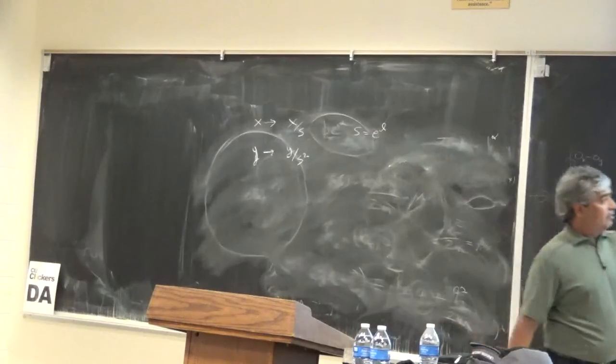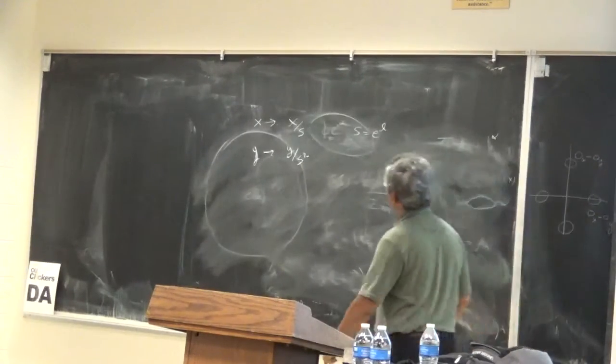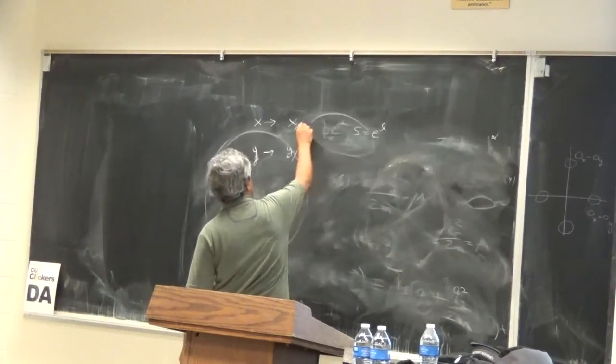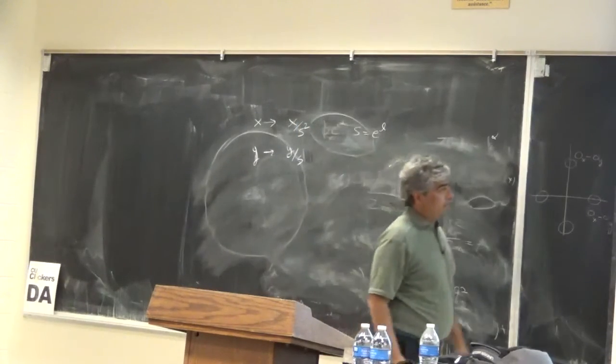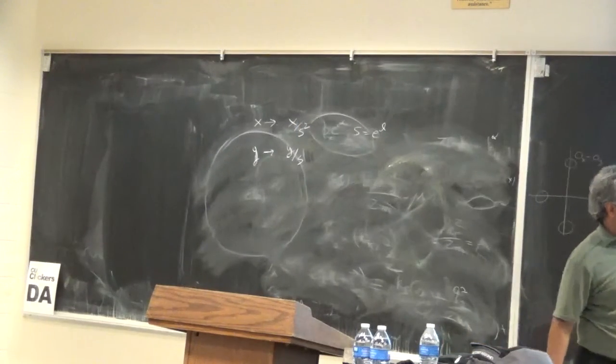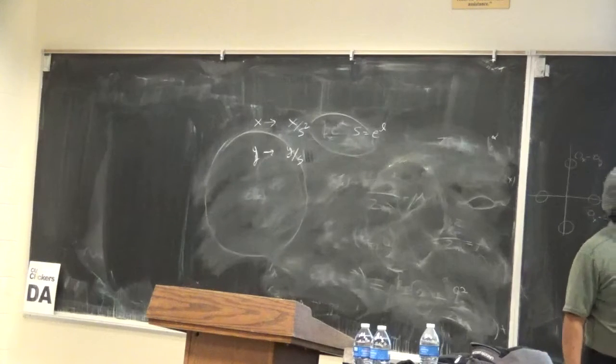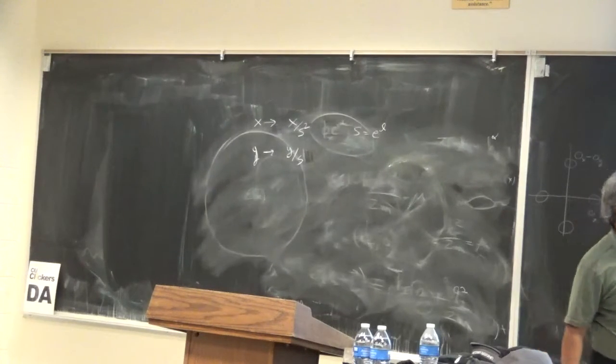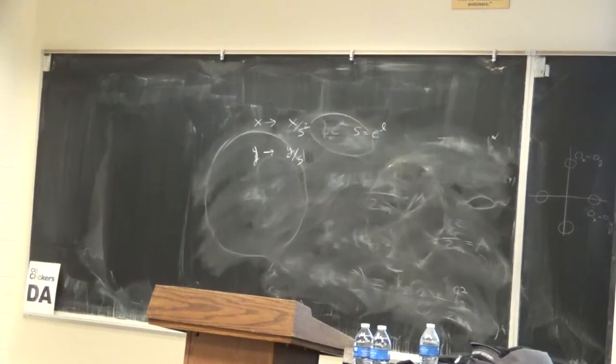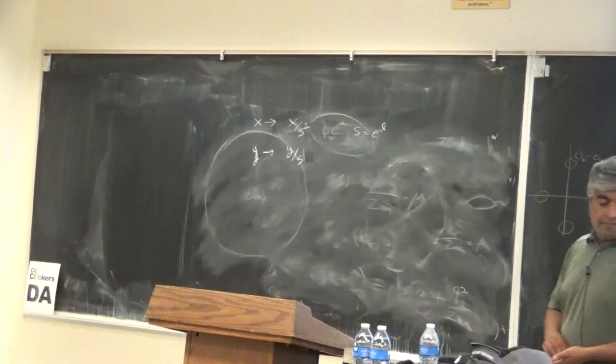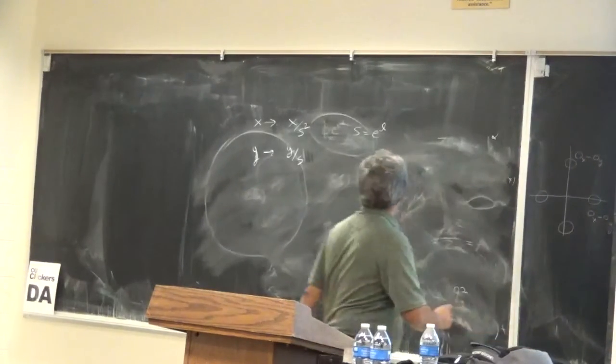Sorry, it's the other way around, isn't it? x goes to y squared. Yeah. So then this combination remains the same. Because of that, if you add a term here which is d by dx phi squared, it will have twice the scaling dimension of this, so it's just irrelevant.